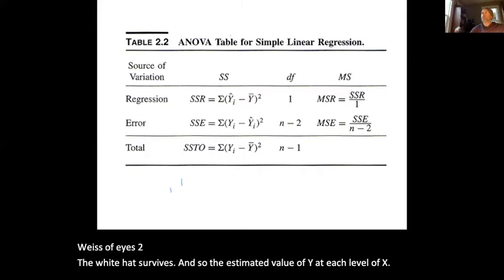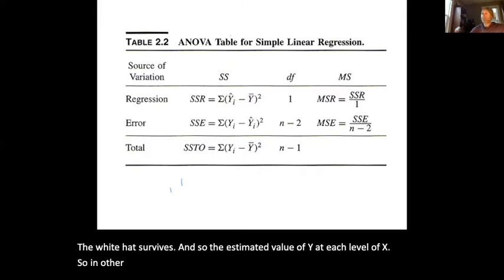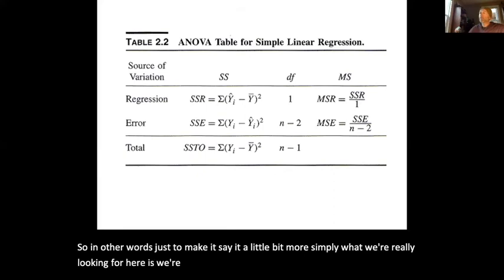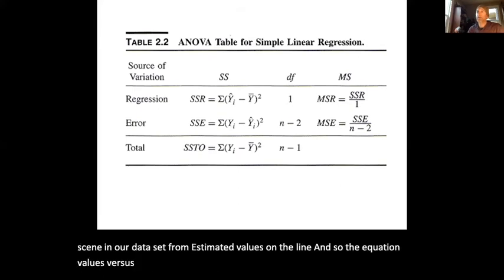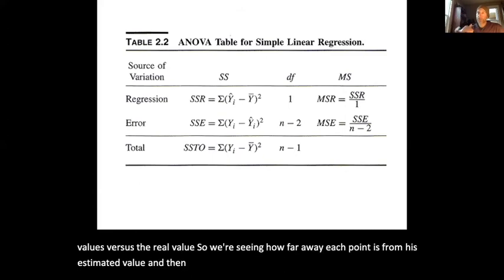To say it more simply, we're looking for the distance from the actual values in our data set to the estimated values on the line, the equation values versus the real values. We see how far away each point is from its estimated value, and then we square it because sometimes it's below and sometimes it's above the line of best fit.